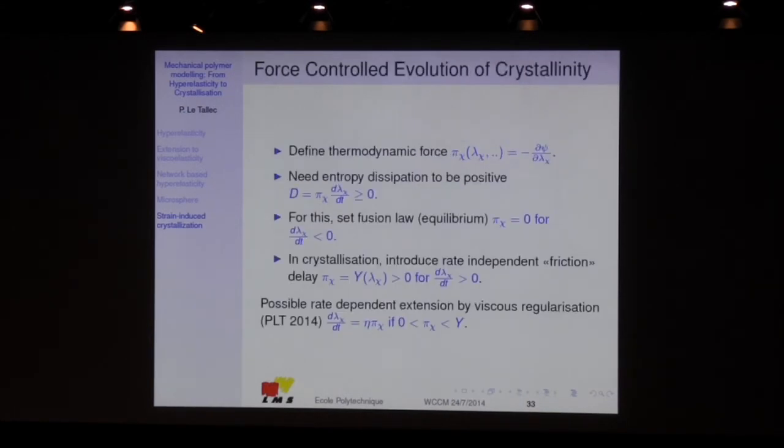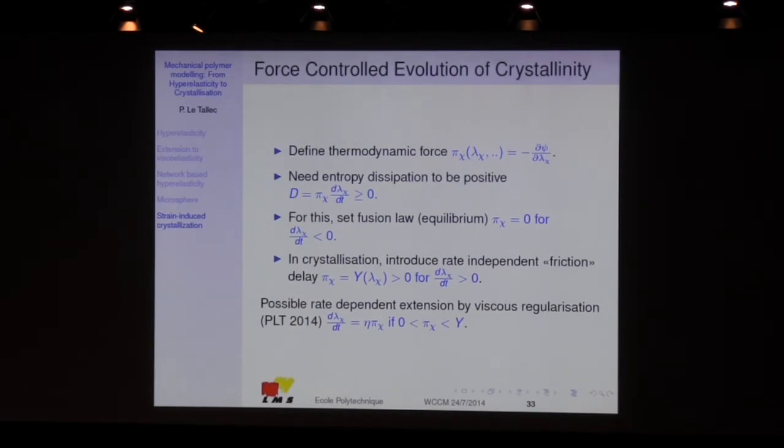Free energy, then thermodynamic force, derivation of free energy with respect to internal variable, must control the entropy dissipation, so that the variation of the internal variable multiplied by the force is positive. A simple way to satisfy it says that to have fusion, I must be at equilibrium. So first evolution: the decrease of crystallization only occurs at equilibrium, where the thermodynamic force is 0. Then you satisfy entropy.